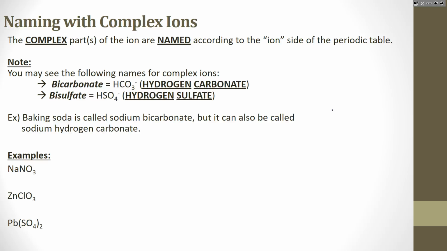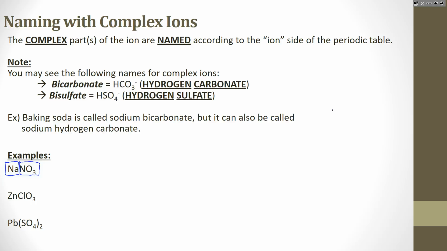So here are some examples of chemicals that contain polyatomic ions or complex ions. When I look at these, I'm looking for metals and nonmetals. First of all, that will tell me that this is an ionic compound. So with NaNO3, I see Na is my metallic component, and NO3 is my nonmetal component.